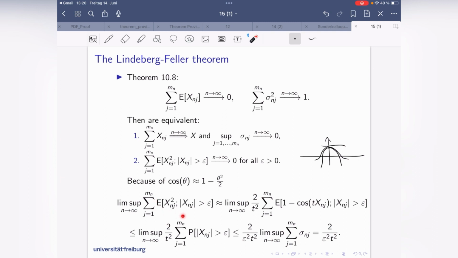So I have this here, and that's exactly what I want, because I want to say something about the Lyapunov condition, which involves this kind of expectation. As I explained to you, this approximation holds. I can bound this by neglecting the minus cosine. I end up with only the probability of the event which I'm bounding here.